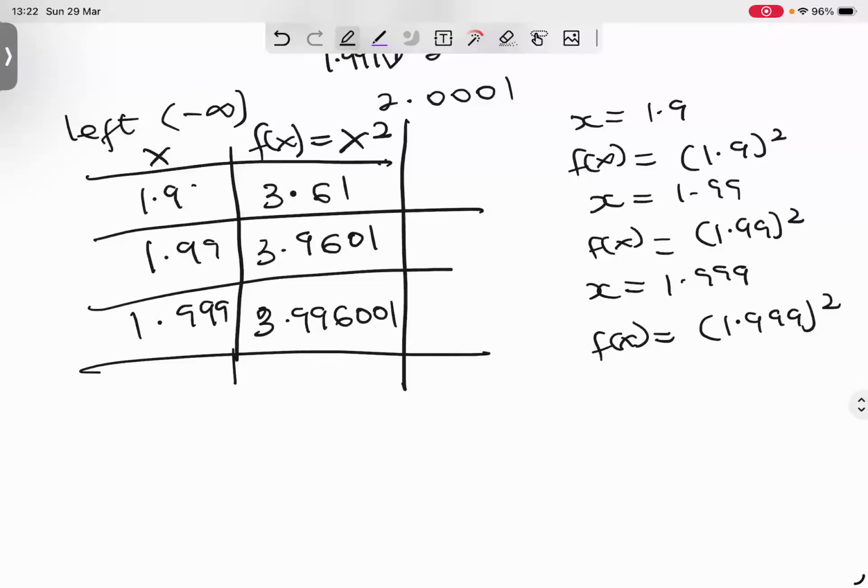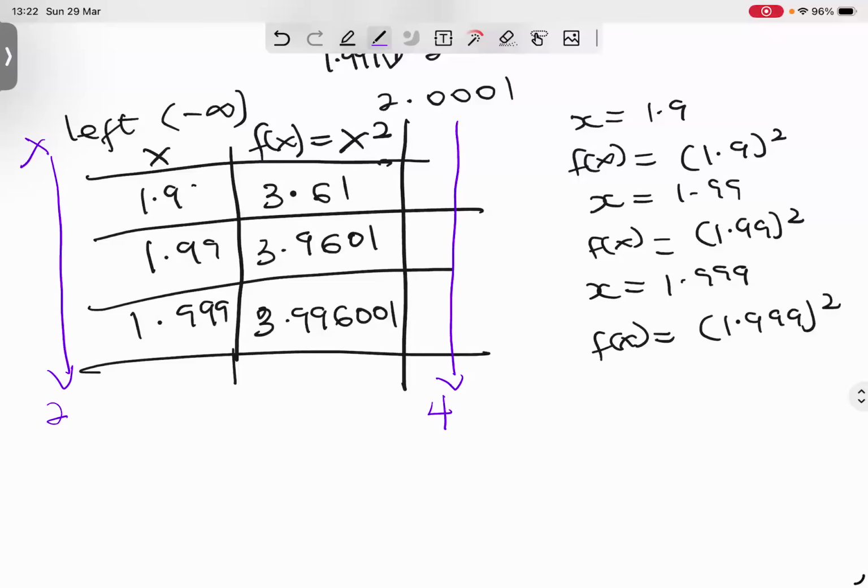So these are the values of f of x as x is approaching 2 from the negative infinity direction. So as x is approaching 2, we notice that f of x is approaching 4.